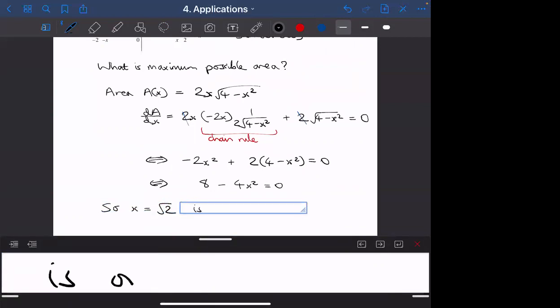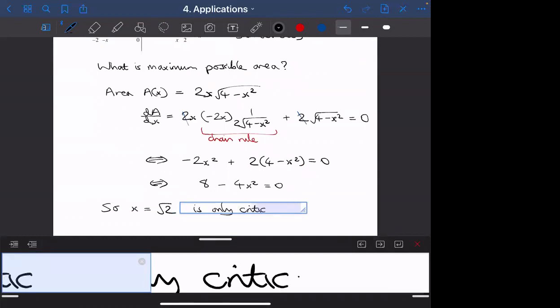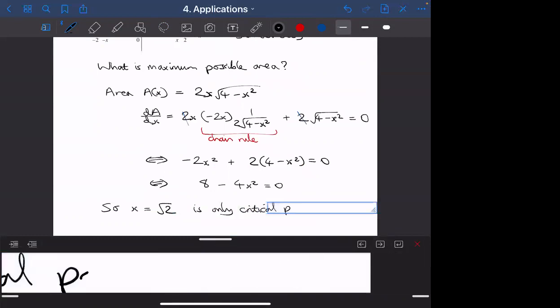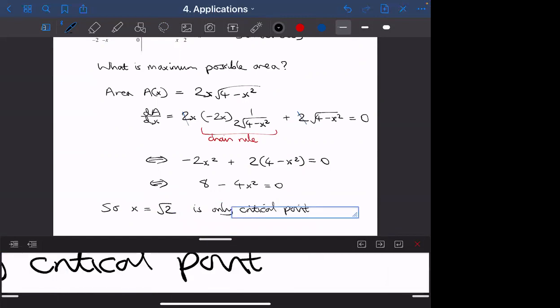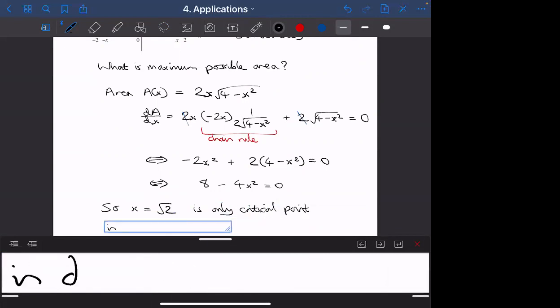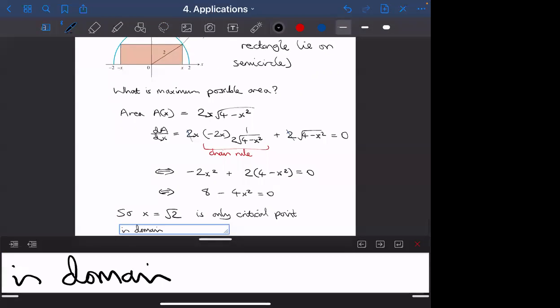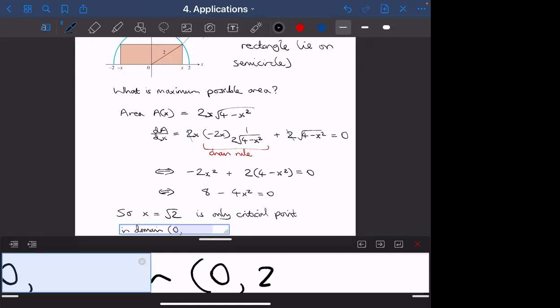That's the only critical point in the domain. Because what's the domain? Well, we want a rectangle, so the domain is from 0 to 2, not including 0 or 2.